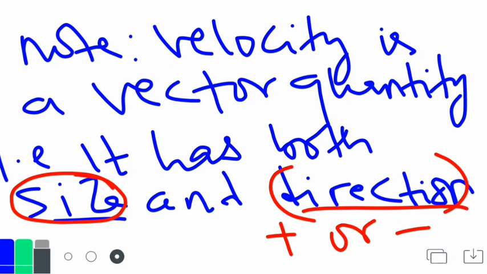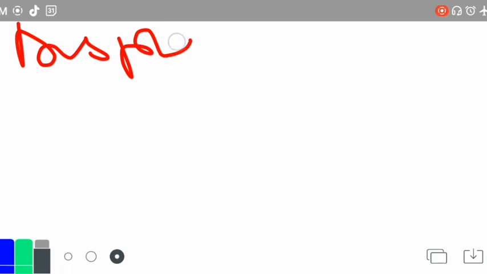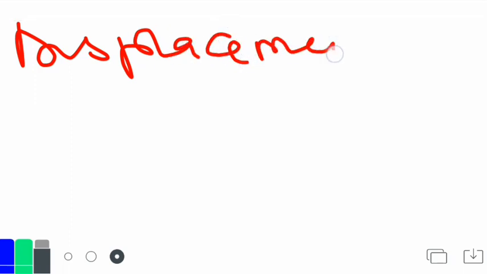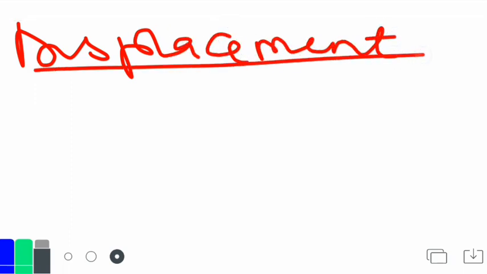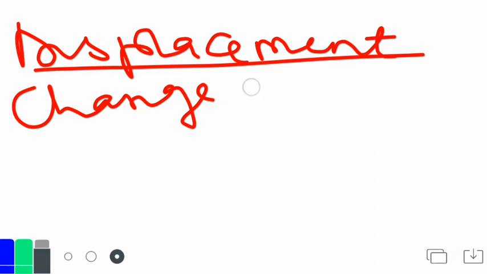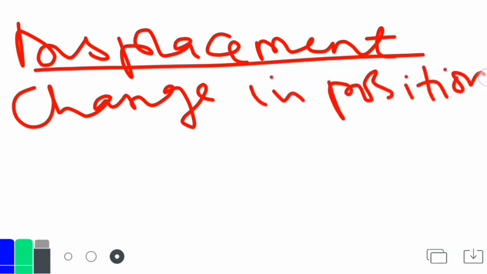And now we also have to understand what is displacement. So when you're talking about displacement, it is just the change in position with direction.